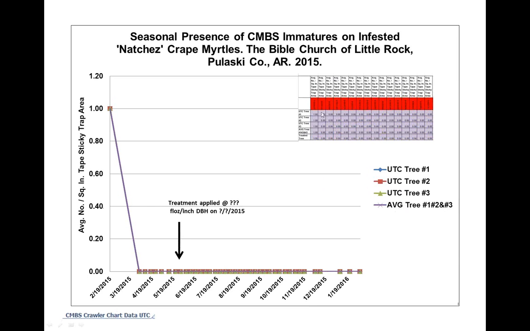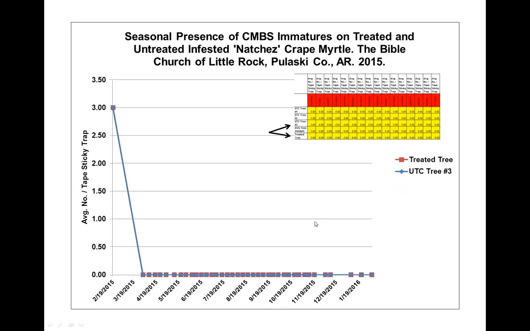Now for the immatures per square inch, it's going to do the same thing. We're graphing this data up here in the blue boxes, and then we'll take data on a treated tree. Our treated tree is across a sidewalk from untreated tree number 3, and we'll graph untreated number 3 and the treated tree, and we'll have 2 lines on this.